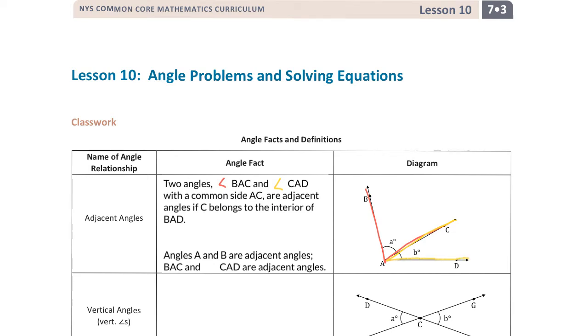Both of these have a common side, which is AC, and they're adjacent angles if C, which is here, belongs to the interior of angle BAD. So angle BAC and angle CAD are adjacent angles. Go ahead and pause the video if you need more time to write this down.